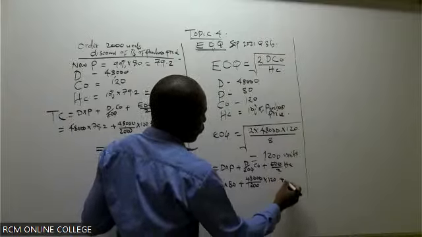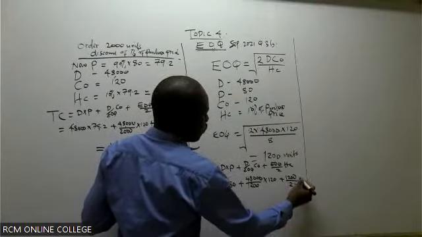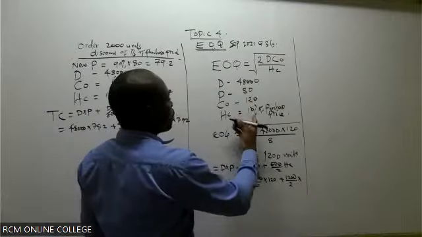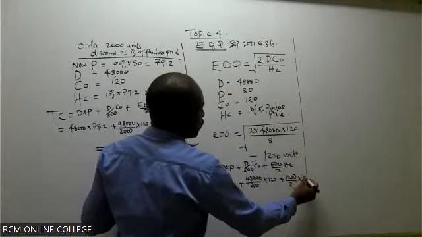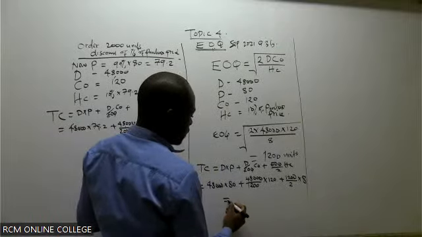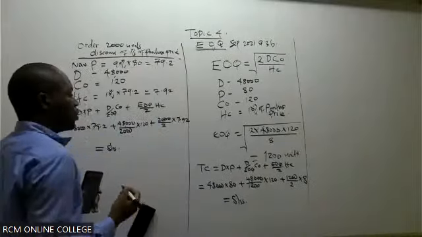To that we add economic order quantity divided by 2 multiplied by holding cost, which is 10% of purchase price. So 10% of 80 is equivalent to 8. If that is done, somebody should be able to arrive at the total cost.